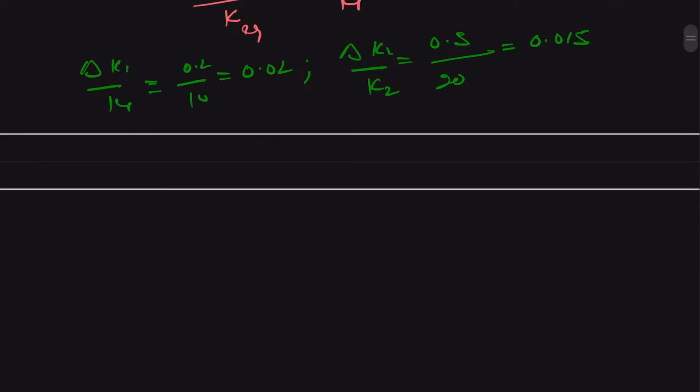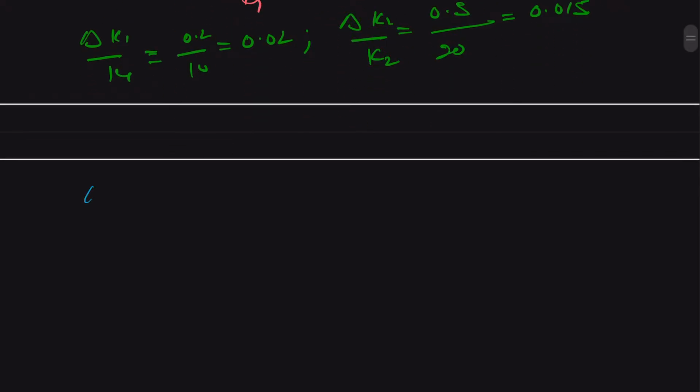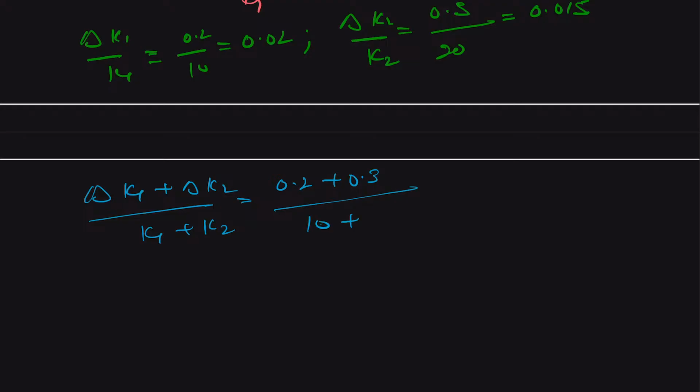And finally our last part, delta K1 plus delta K2 upon K1 plus K2. This comes as 0.2 plus 0.3 over 10 plus 20, and this comes as 0.01667.